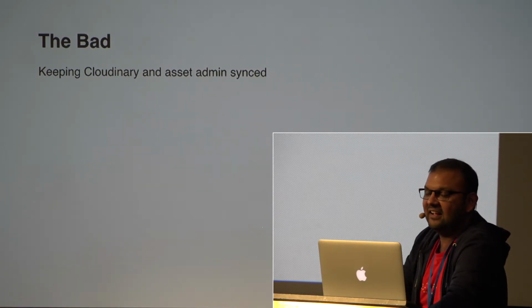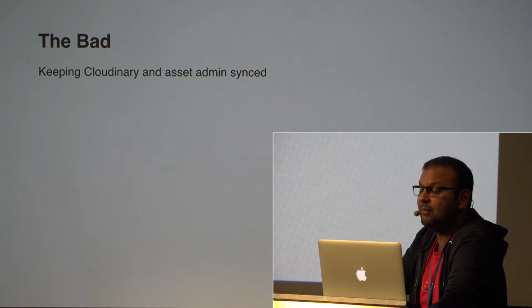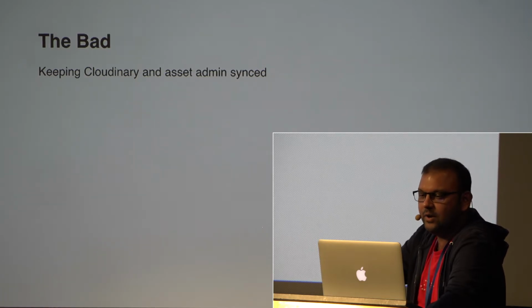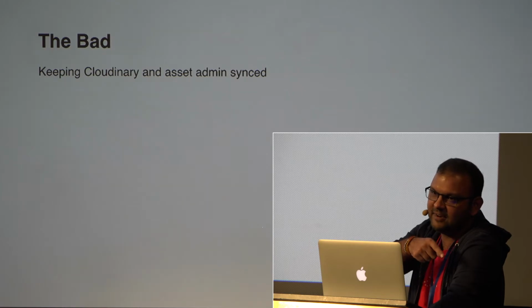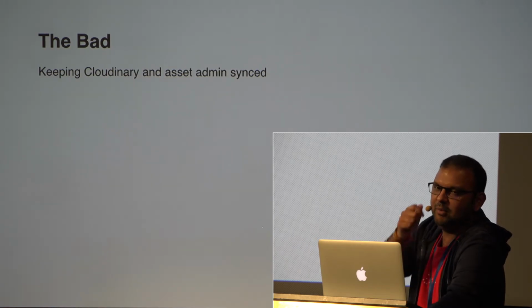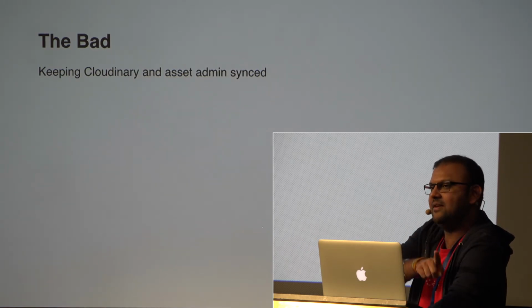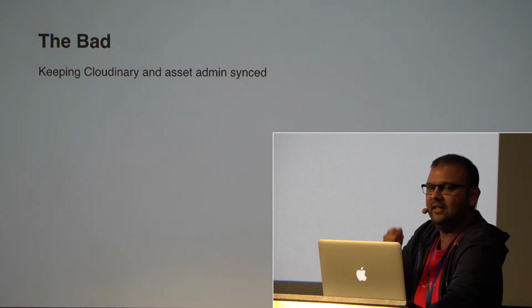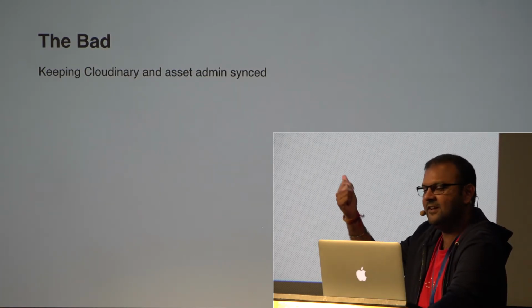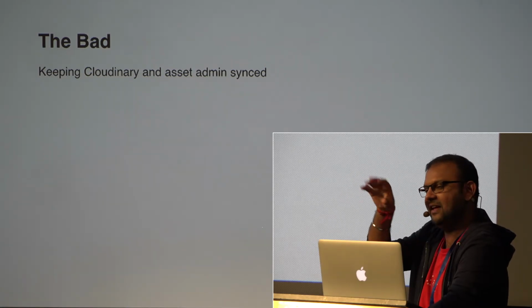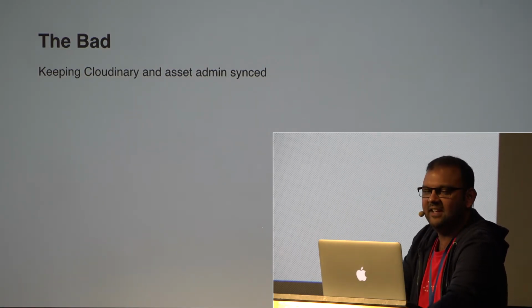Luckily though, Cloudinary started providing a callback URL, which it would call every time you made changes inside of Cloudinary. So if you uploaded stuff in Cloudinary and you wanted that image to appear in your asset admin, it'll call the callback URL back to your server with the details, so you can take all of that data and put it inside the database.